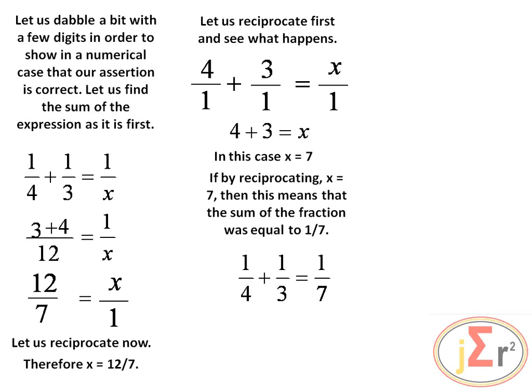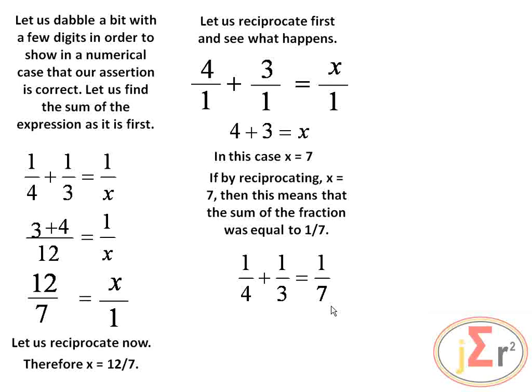Right, so if when we reciprocated, the answer is 7, that means the original, which is this, should be 1 over 7.